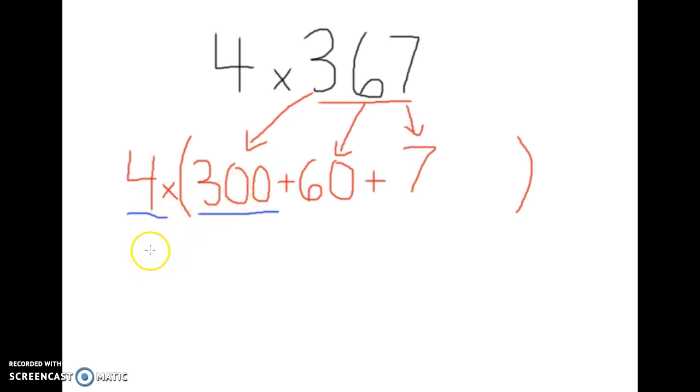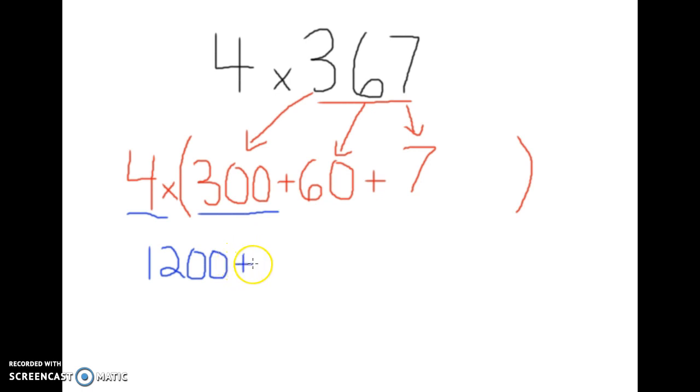We know that 4 times 3 is 12. I'm going to write a 12 down here. And then we can just add our zeros on after. So we've got 2 zeros in the number 300. We'll put 2 zeros at the end of our 12 to get 1200. 4 times 300 is 1200. Okay?